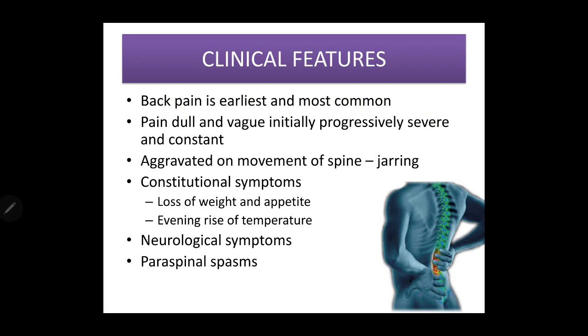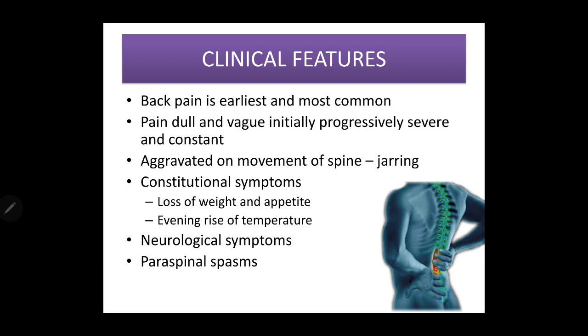When the lower thoracic spine is involved and compressed, it will result in myelopathy, compression of the spinal cord, and the patient would develop spastic paraparesis. The patient won't say that I have paraparesis or weakness. He'll say I have developed some tightness of the limbs, and when you examine him, you will find that the extensor plantar or Babinski is positive.